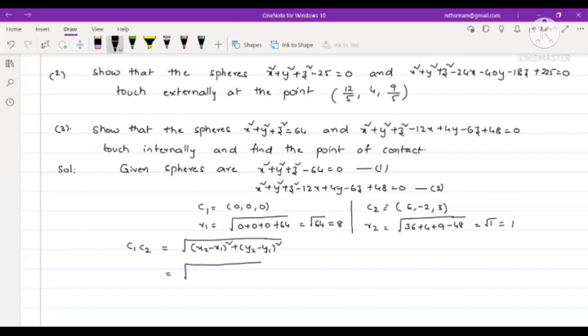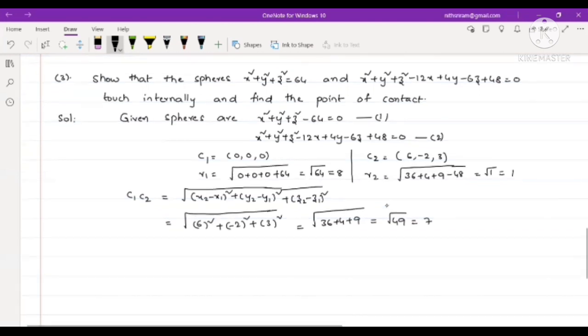Then we get 6 minus 0, that is 6 whole square, plus minus 2 minus 0, that is minus 2 whole square, plus 3 minus 0, that is 3 square. So we get square root of 36 plus 4 plus 9, that is root 49, which is 7. Therefore, the distance between C1 and C2 is 7.